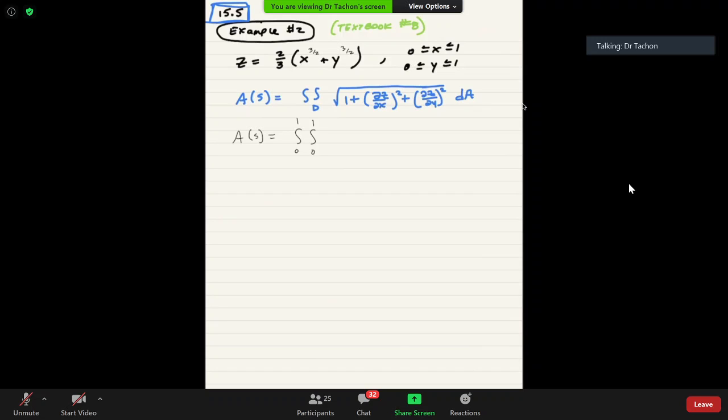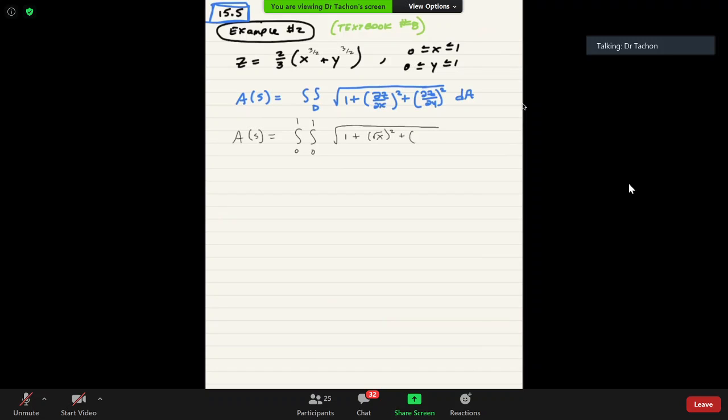Okay, so 0 to 1, 0 to 1. Let's set up the integrand, and then figure out if we want dx dy or dy dx, because it's not going to matter, right? So the integrand is going to be 1 plus, I need the partial with respect to x. Distribute the 2/3, the 3/2 comes around front, take one away. It's radical x, and I want to square that.